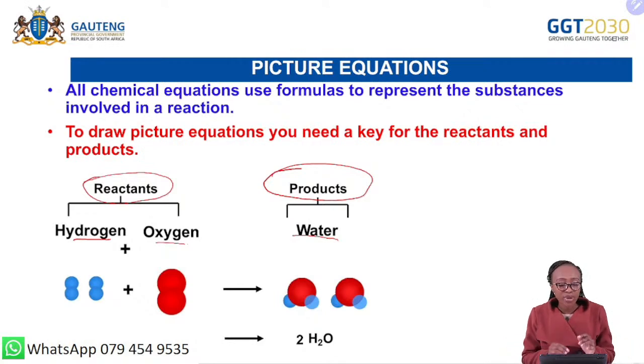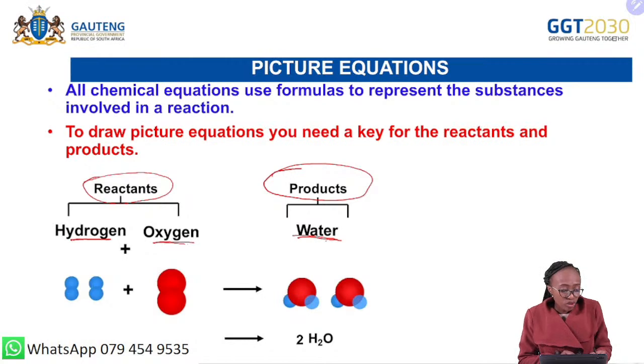You need to make sure that the picture or the drawing of hydrogen is different from the drawing of oxygen, as well as the drawing of water. So this is where the part about the key comes in, the key that I spoke about earlier.